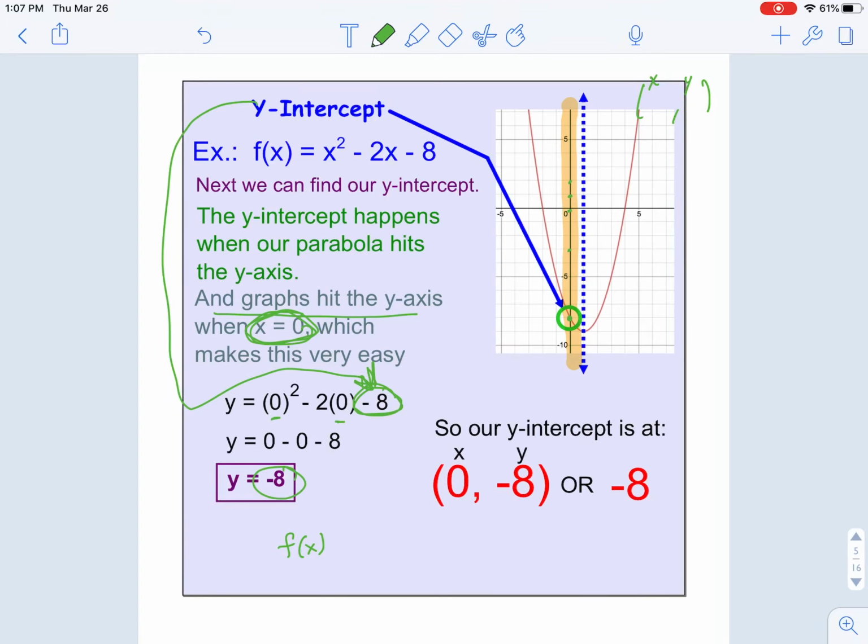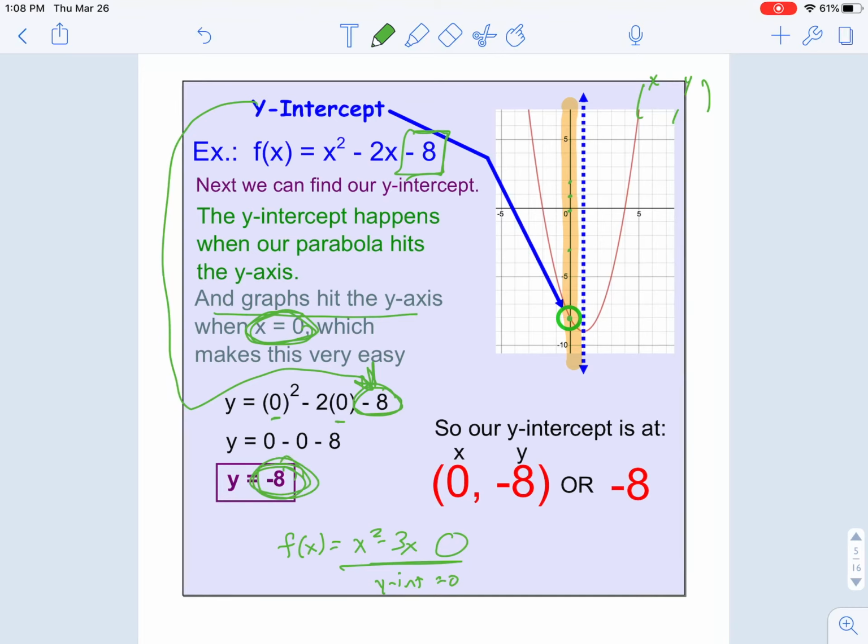If you got an equation that looked like f of x is equal to x squared minus 3x, and that was it, your y-intercept is not negative 3, because there's nothing out here. We want to look for that number at the end that doesn't have an x. Here, if I don't have anything behind that, that just means that my y-intercept is going to be 0.